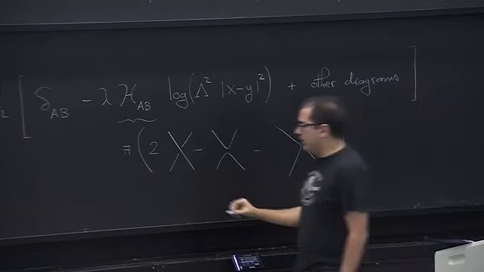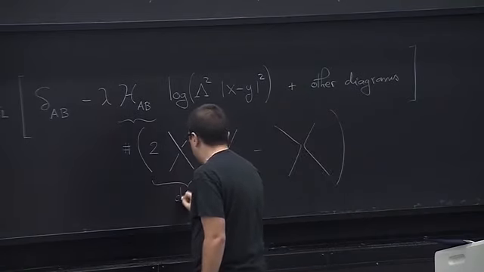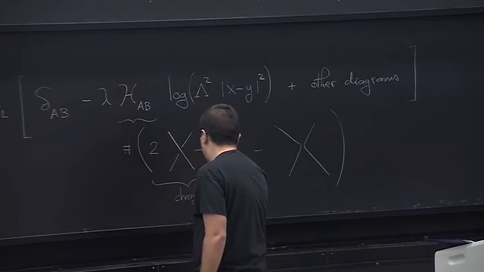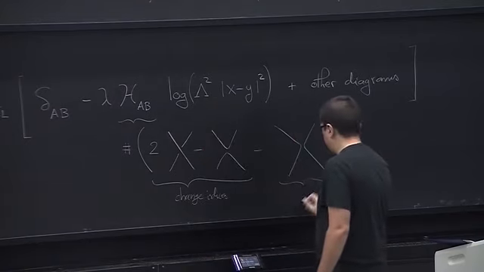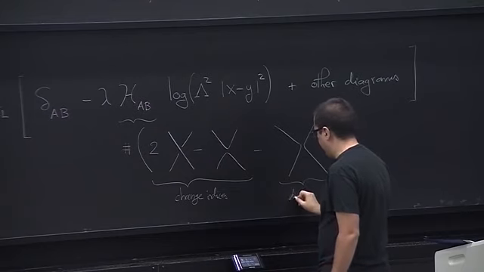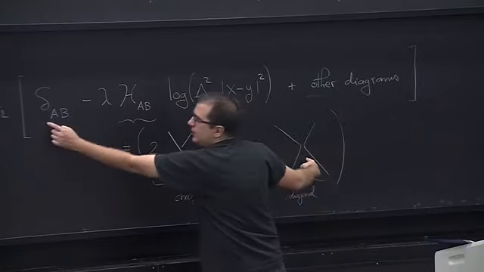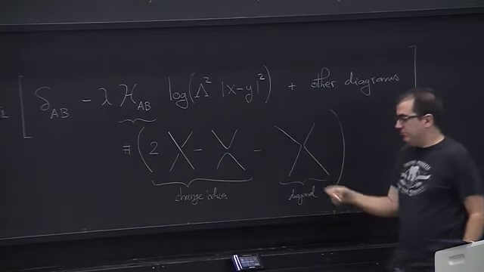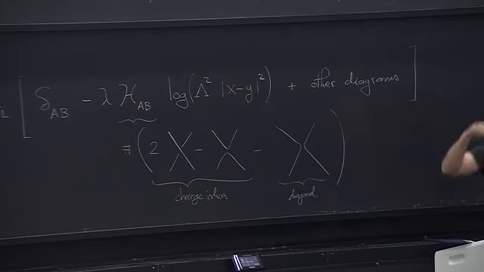And I want to point out that these two graphs here change the indices, and this one does not. So this is diagonal. This, together with all other indices, finally, I have said that A is equal to B.